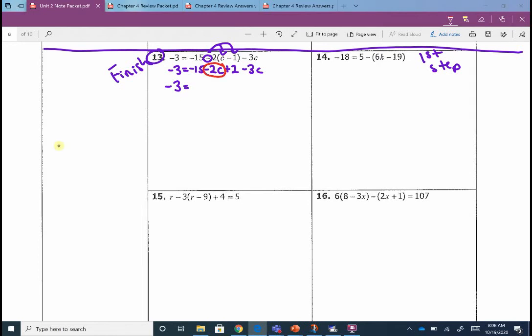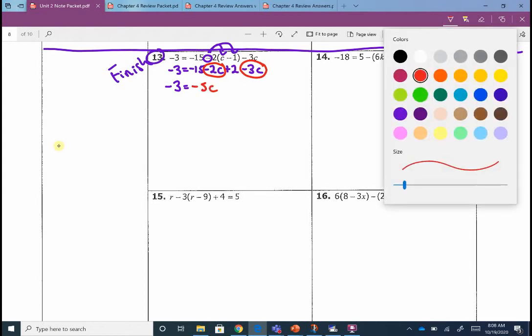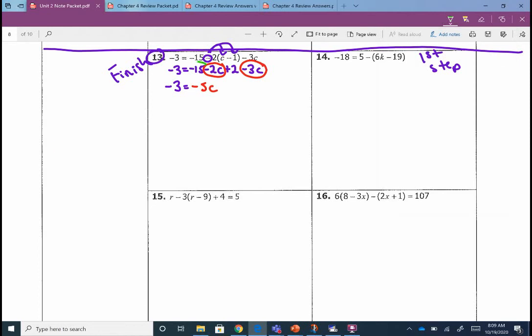The 2c is negative, and the 3c is negative. There's a negative 15 and a positive 2. So be careful on your signs.